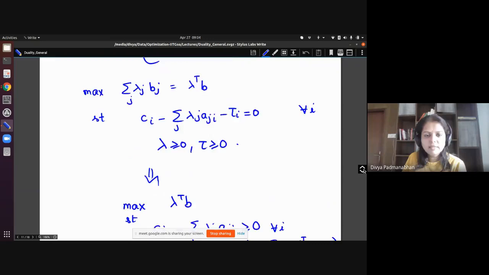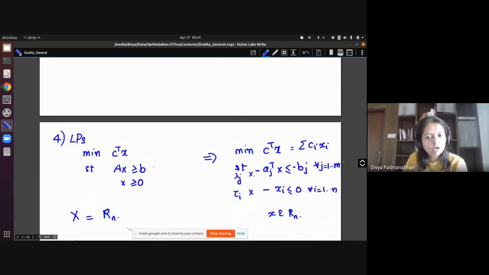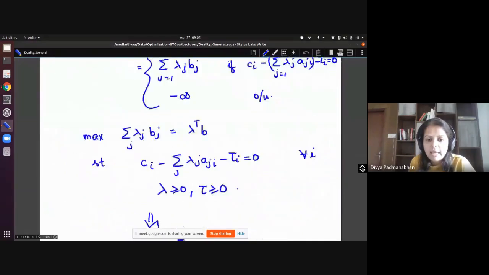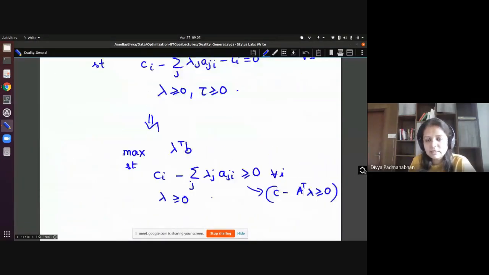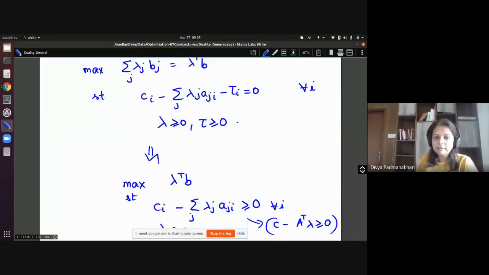An exercise for all of you would be to try to write the dual for different forms of LPs, like Ax equal to b, or if you didn't have x greater than or equal to 0, and so on. Check what the Lagrangian dual gives you and compare it with what you got earlier. This is where we stopped in the last class.